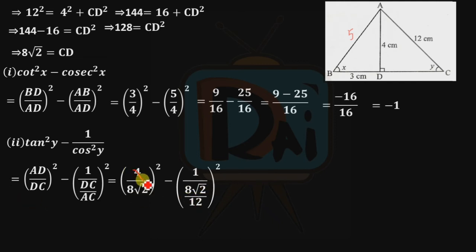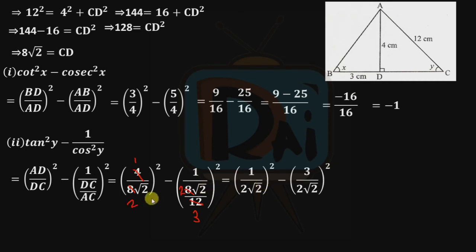Here, 4 ones are 4, 4 twos are 8, 4 twos are 8, 4 threes are 12. So I'll get 1 divided by 2 root 2 whole square, minus this 3 will go up, 3 into 1 is 3, 2 root 2 whole square.